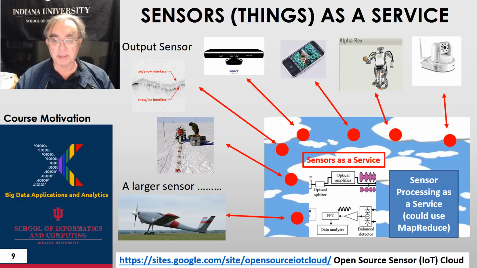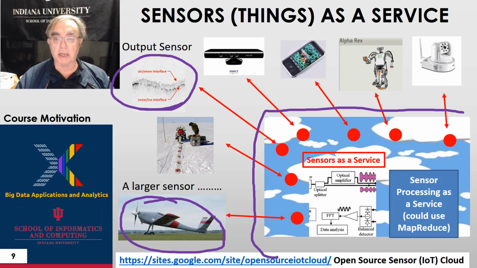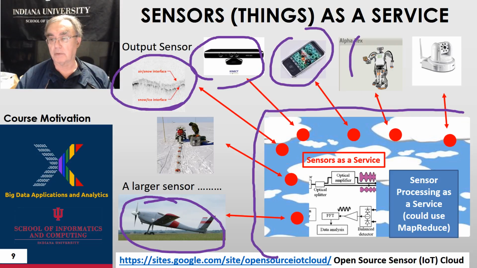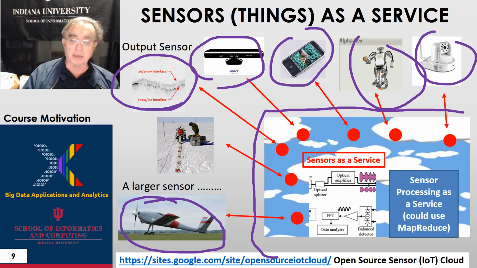This is my picture pointing out how the cloud controls. Here's the cloud, and here are all your sensors. Here's a scientific sensor. Here's a sensor that might run on an aircraft. Here's a Kinect connector, a smartphone, a Lego robot, and a webcam, and they're all feeding into the cloud. And that's what I call sensors as a service.